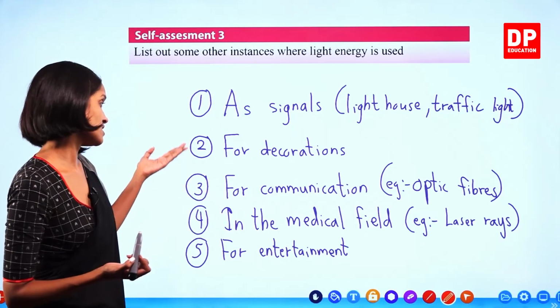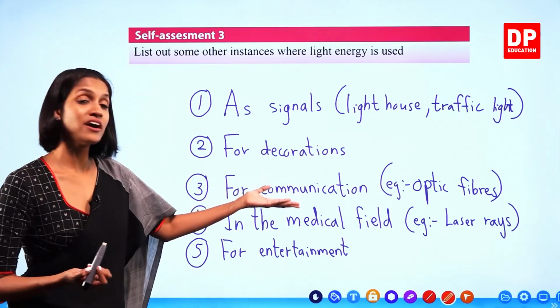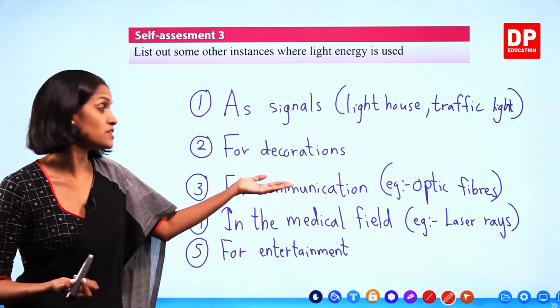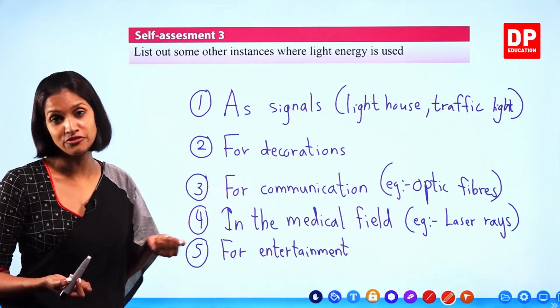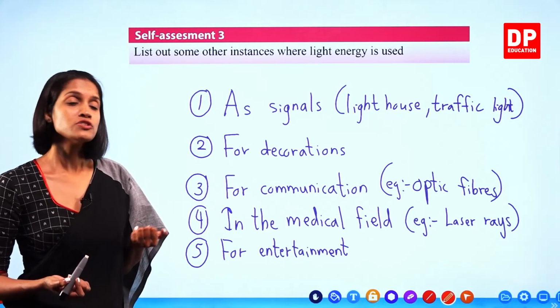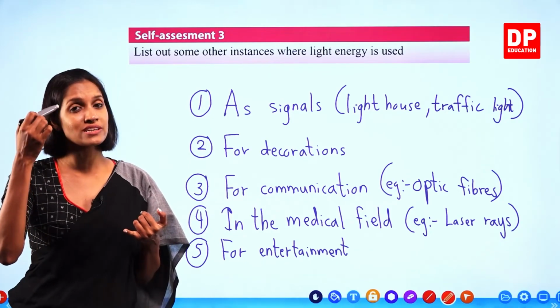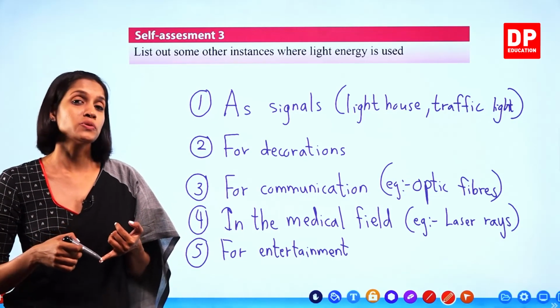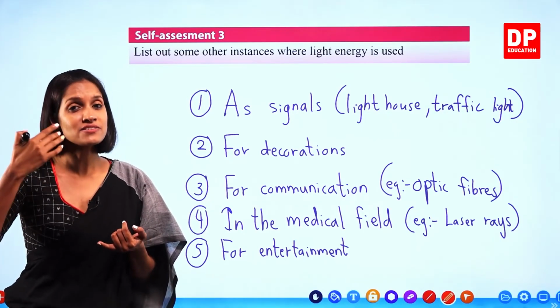So especially let's say that when we pick these laser rays, you can look for examples. What are the instances where these laser rays are used in the medical field, right? So one such example is this eye disease called cataract, right? Cataract means the transparency of your eye lens reduces.